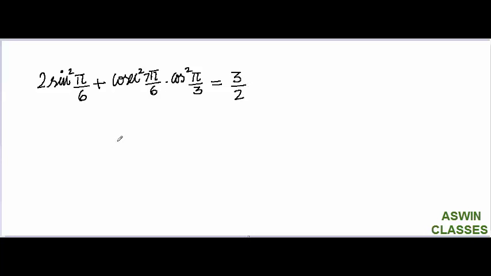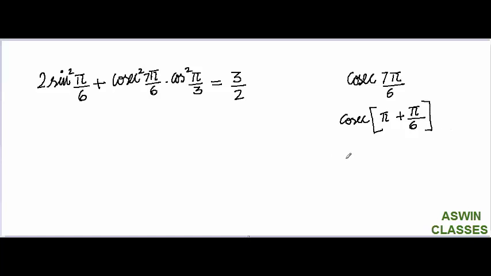So how will you do it? Again, cosec 7 pi by 6 can be written as cosec of pi plus pi by 6.